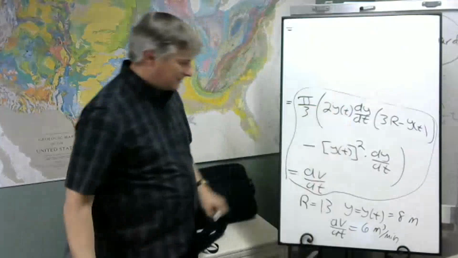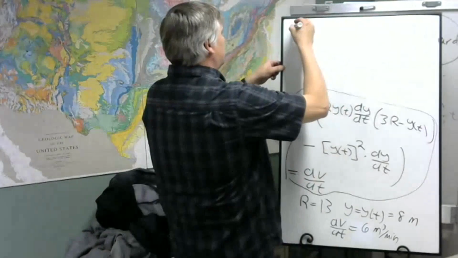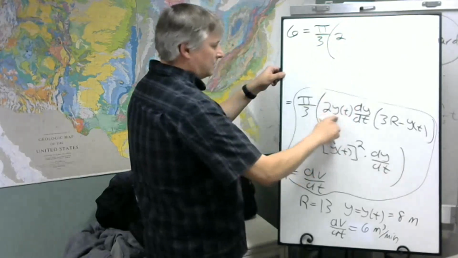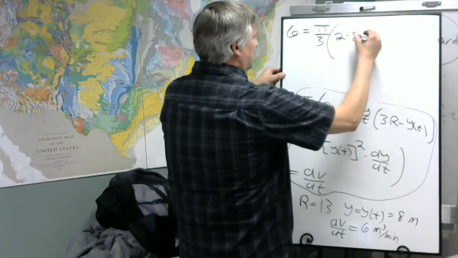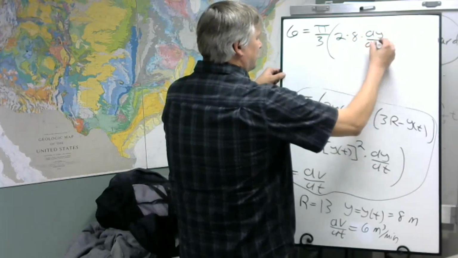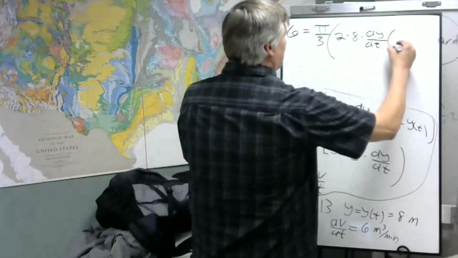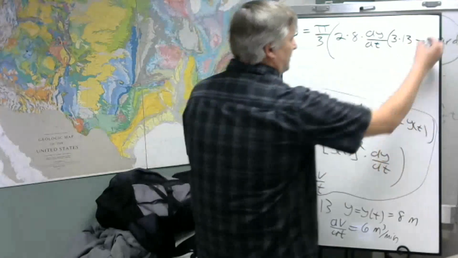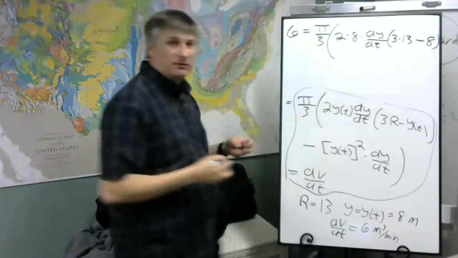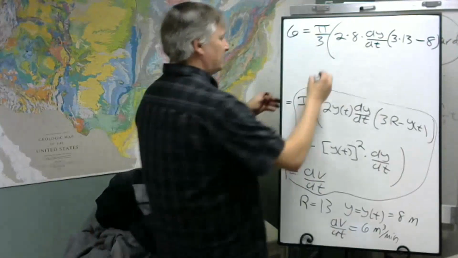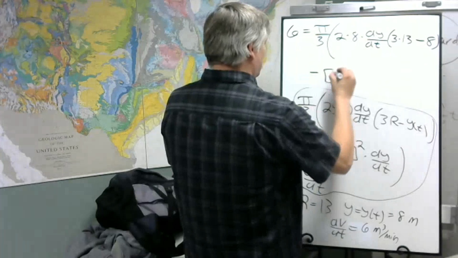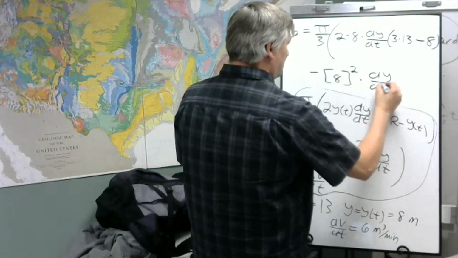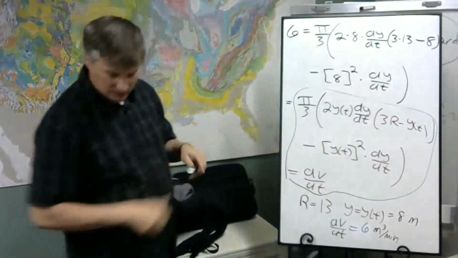So dV/dt, which is 6, is equal to pi over 3 times 2 times 8, and then times dy/dt, we don't have that, times 3 times 13, R is 13, minus 8, the water level at this instant is 8, minus 8 squared times dy/dt, and that's going to be it.